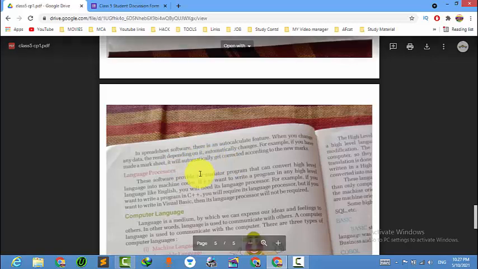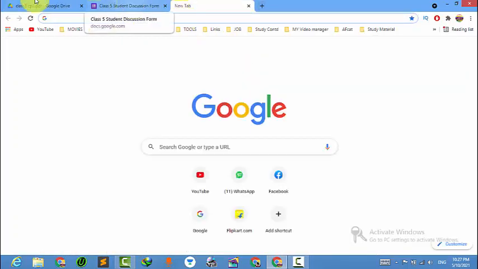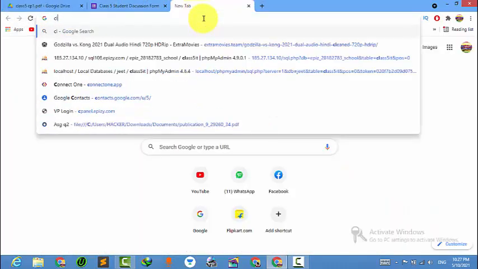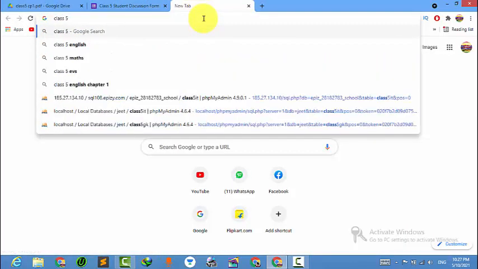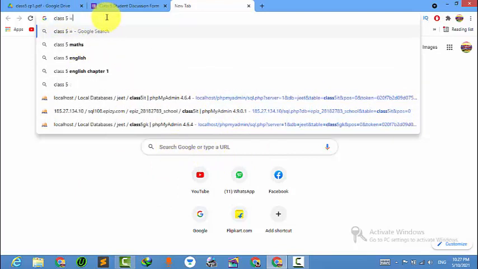Suppose I am writing a normal word, what does this language processor mean? Suppose I am writing the word class 5, but in your computer it will translate this in the interior part. It translates this class 5 into some kind of difficult language.